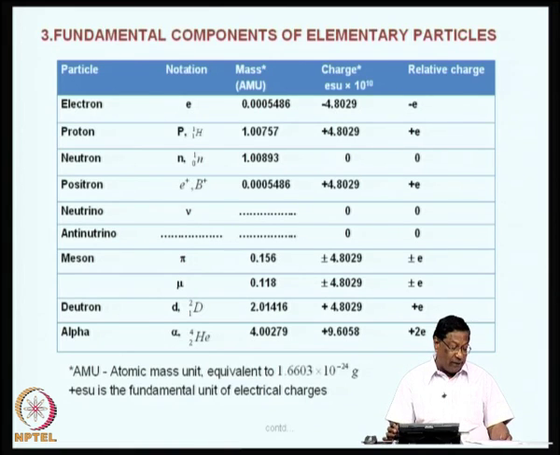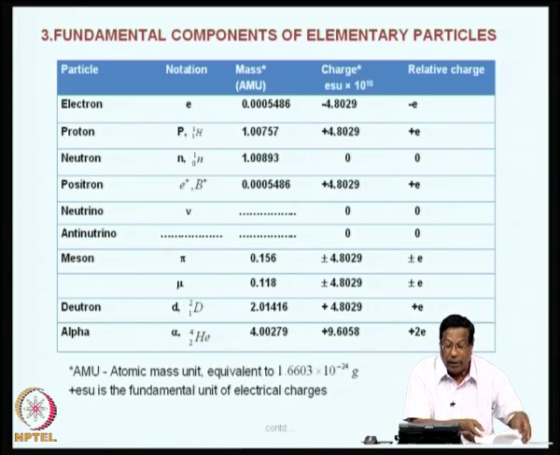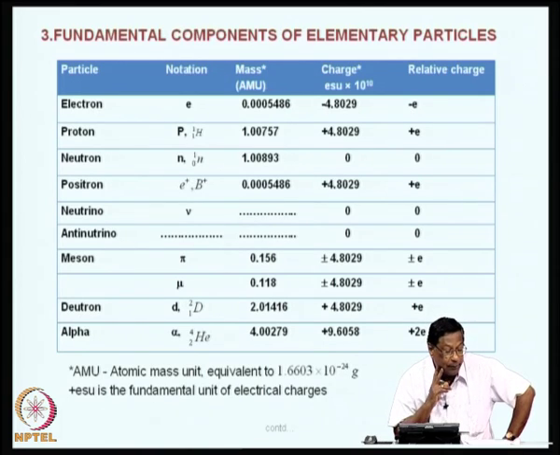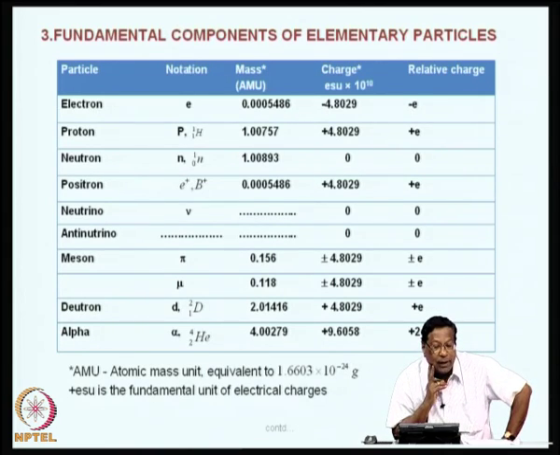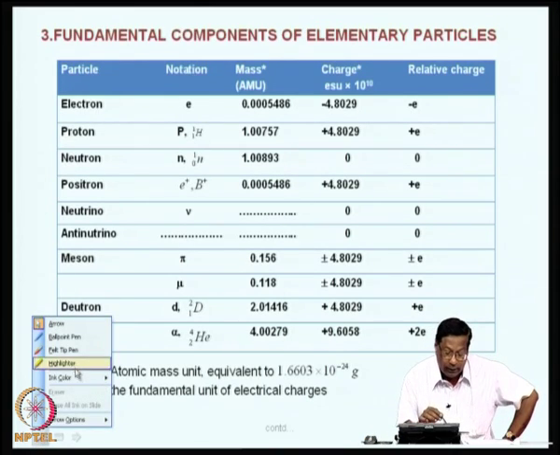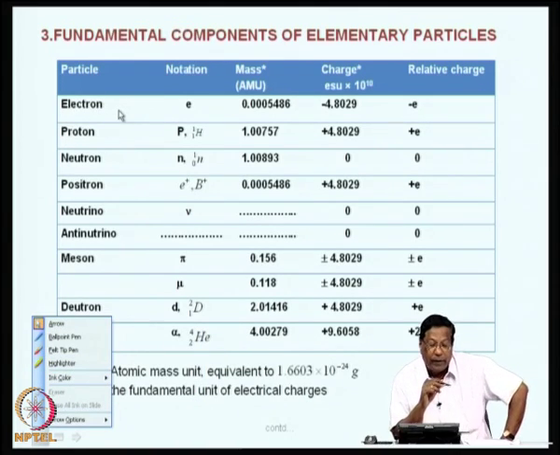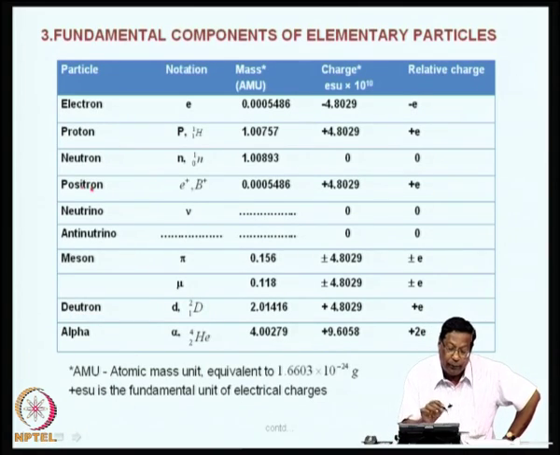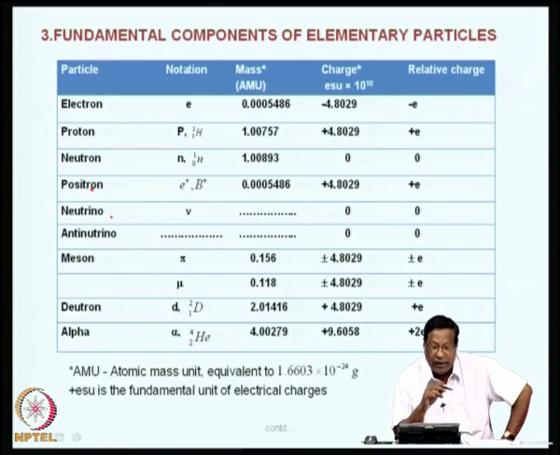Electrons are fundamental particles of all substances, and protons are also fundamental particles, and the other particles that we are looking at are electrons, protons, neutrons, positrons, neutrinos, antineutrinos, mesons, deuteron and alpha particles.